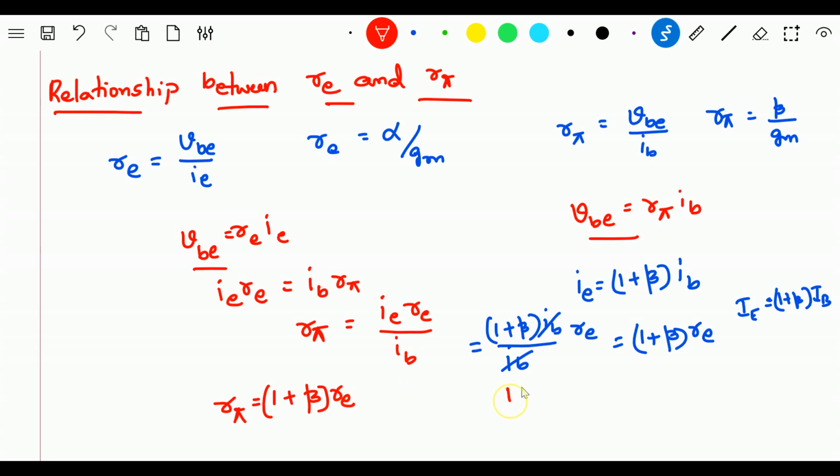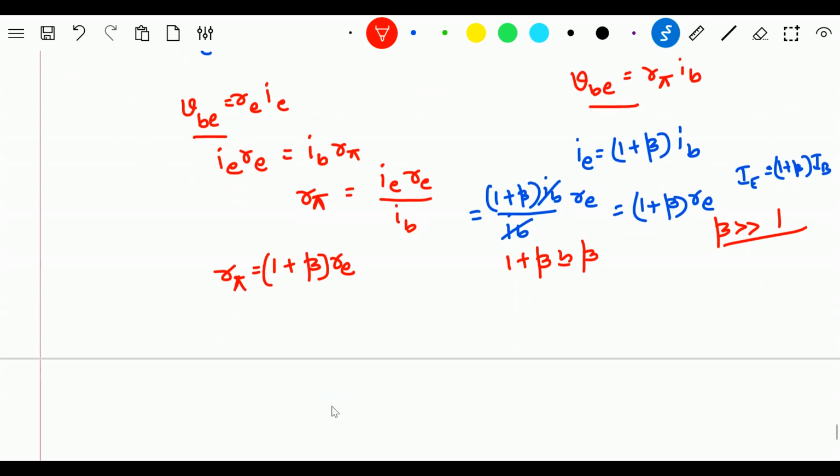We can say 1 plus beta is approximately equal to beta. I told you long back that beta is very much greater compared to 1. So if beta is very much greater than 1, I can easily say that 1 plus beta can be approximately equal to beta. Therefore, you see that R pi will be approximately equal to beta times RE.